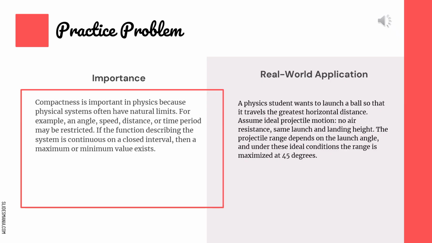In a real world application, a physics student wants to launch a ball so that it travels the greatest horizontal distance. Assume ideal projectile motion, no resistance, and the same launch and landing height. The projectile range depends on the launch angle, and under these ideal conditions, the range is maximized at 45 degrees.